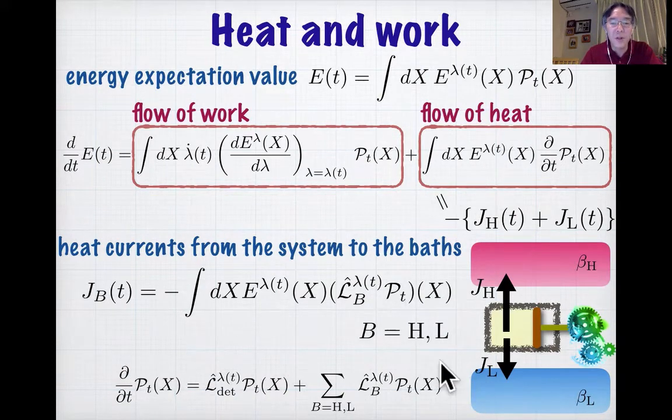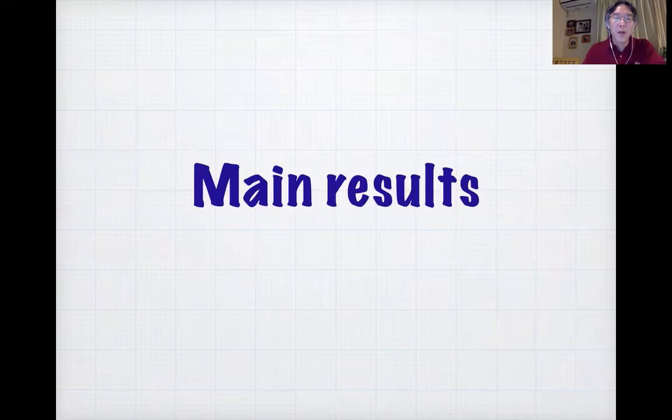Everything follows from this master equation. So we interpreted this as flow of heat. Of course, it's very natural to interpret this as heat currents from the system to the bath. We have two heat baths, so we can define separate currents from the engine to the two heat baths. So this is just a very standard setup.